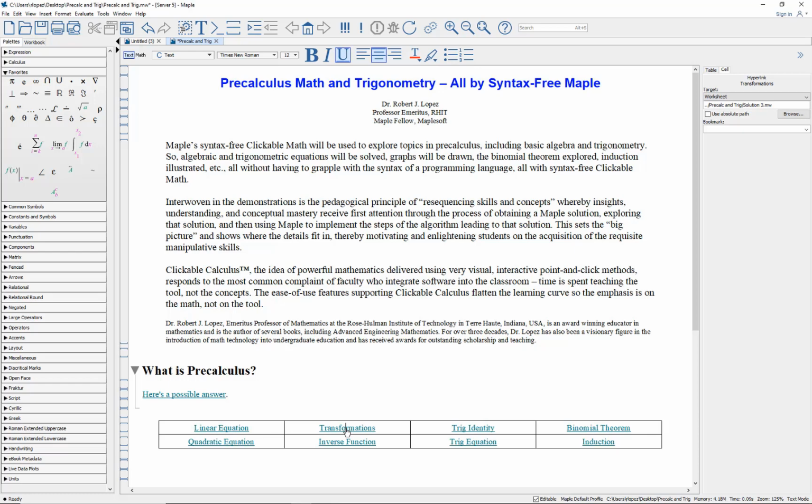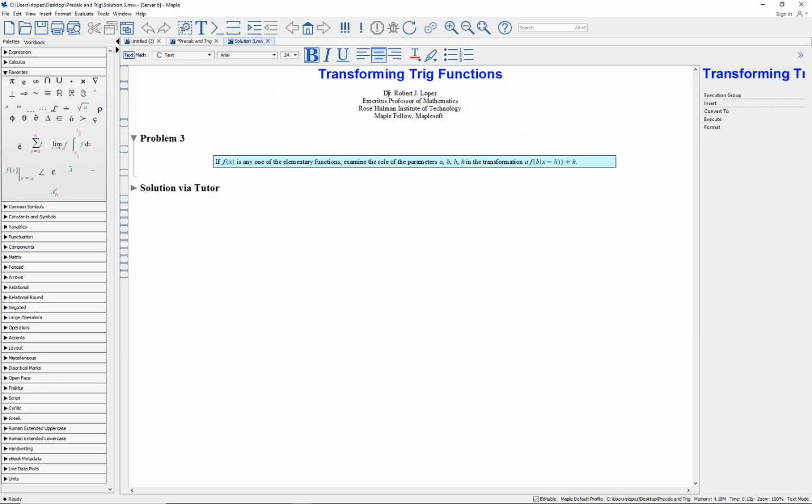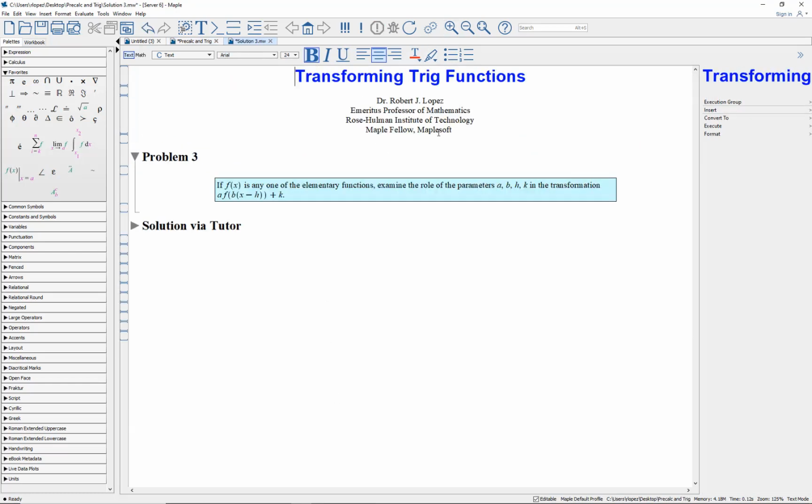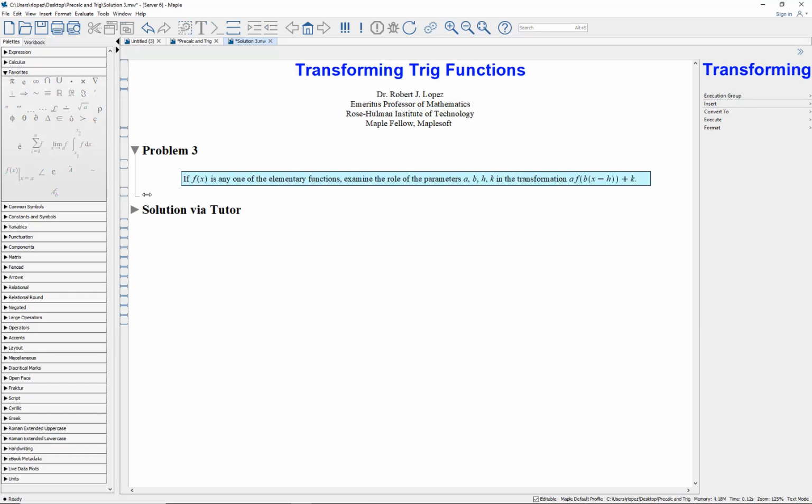So here is a problem where we take any of the elementary functions, and we see how their graphs behave under the transformations induced by a times f of b x minus h plus k, where a, b, h, and k are parameters that can be modified.